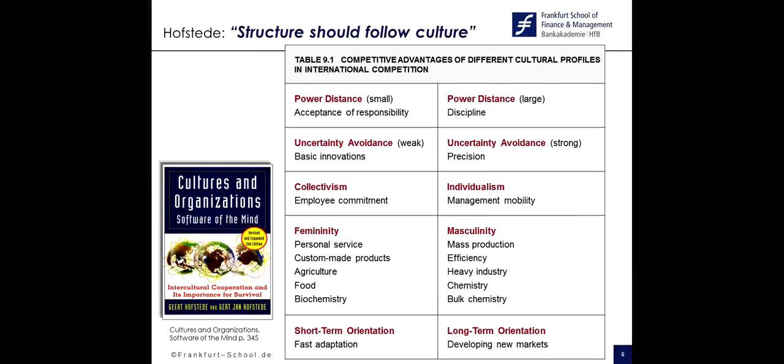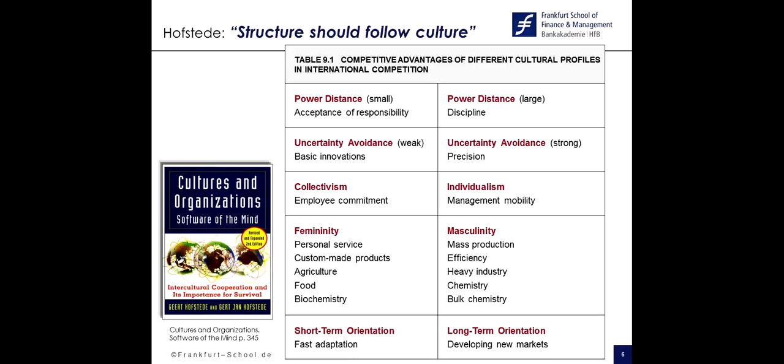The overview given in this table indicates the type of approach to cultural analysis as suggested by Hofstede. Again, you may want to take a moment to study this chart. What you will find under power distance, uncertainty avoidance, collectivism versus individualism and short or long-term orientation are indicators of psychological dispositions, such as discipline, precision or commitment. These, Hofstede says, can be expected in companies based in countries rating high or low on his scales of dimensions.